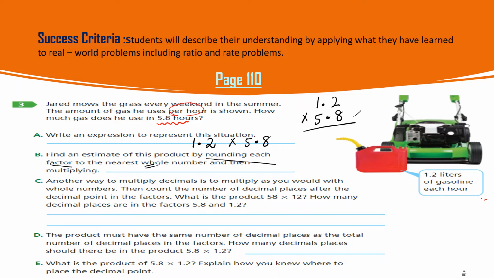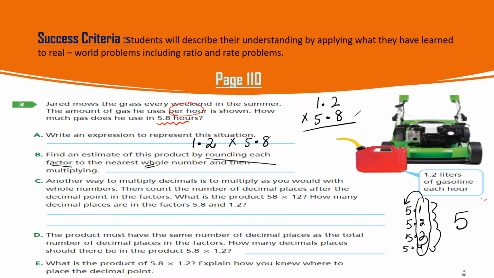You know that let's suppose you have 5.1, 5.2, 5.3, 5.4. So any digit which is less than 5 after the decimal, when you want to round off, you write the same previous number.